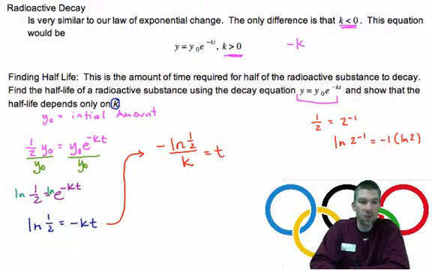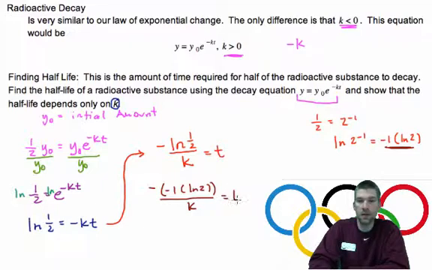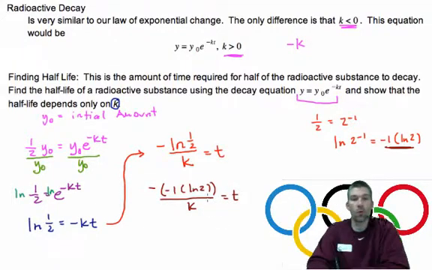So to finish this problem, I've got negative 1 times the natural log of 2, all over k, equals t. And that's where we're at.